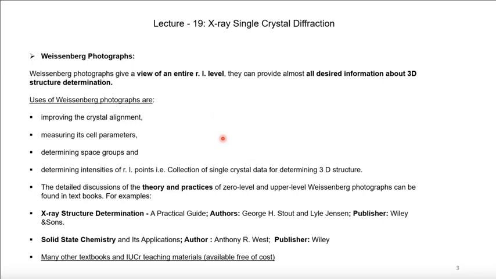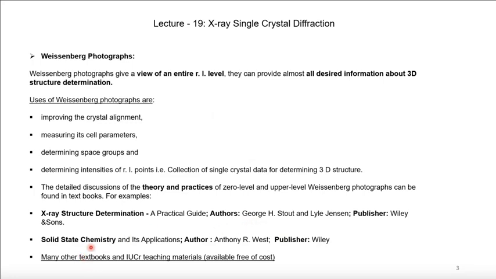Weissenberg photograph data collection is very well discussed in X-ray Structure Determination: A Practical Guide, by Stout and Jensen, publisher Wiley. Another, very lucidly written, is Solid State Chemistry and its Applications, by Anthony R. West, publisher Wiley.